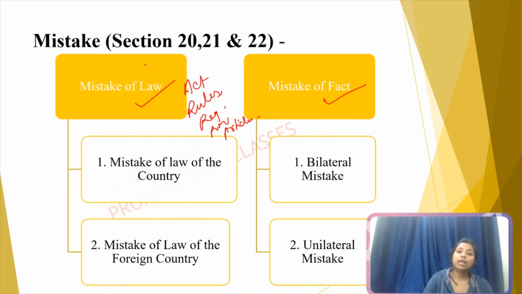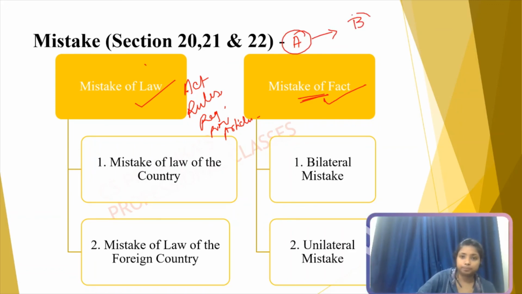On the other hand, fact. You don't know about the fact. For example, A entered into a contract with B for selling one property. Got it? The property belongs to A. So A is the seller, B is the buyer. Now think A and B entered into a contract without knowing the law.